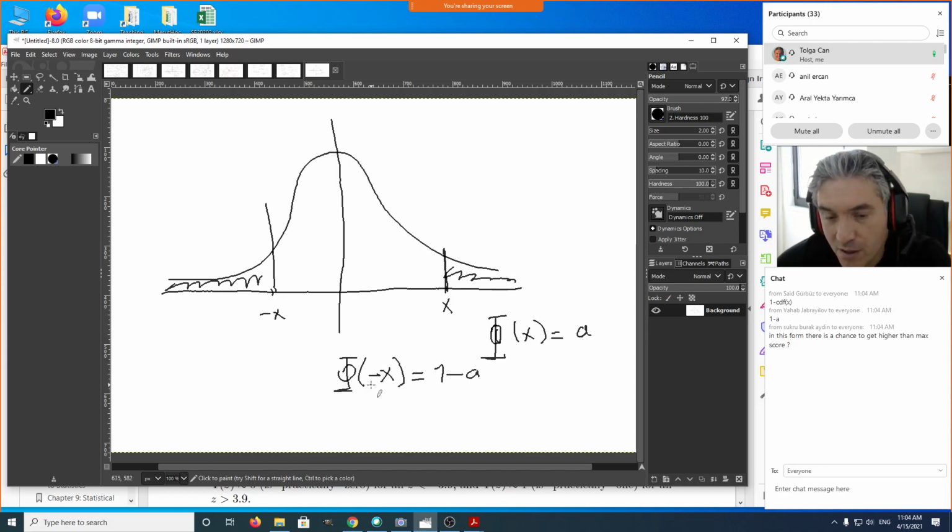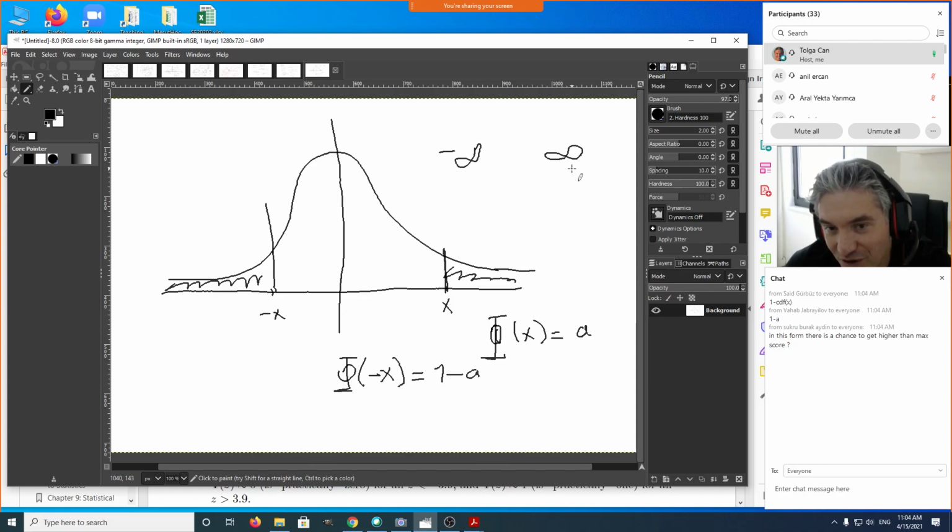Yeah, in this, for example, there's a chance to get higher than the max score. Oh yeah, exactly, a very good observation. When we assume that everything is normally distributed, it's not bounded. The normal variable is between minus infinity and infinity.